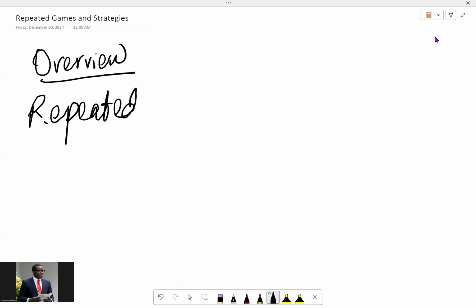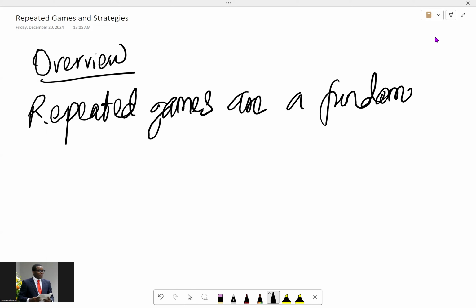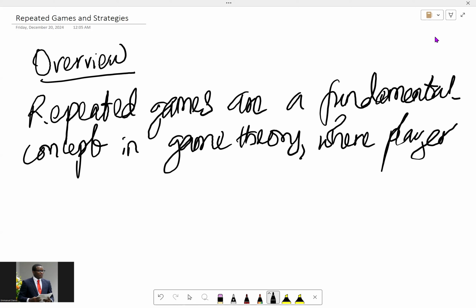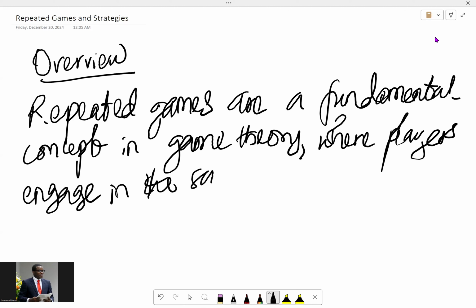Repeated games are a fundamental concept in game theory where players engage in the same game multiple times.